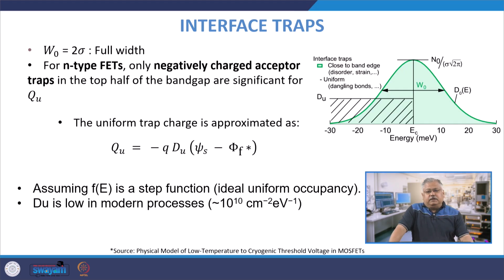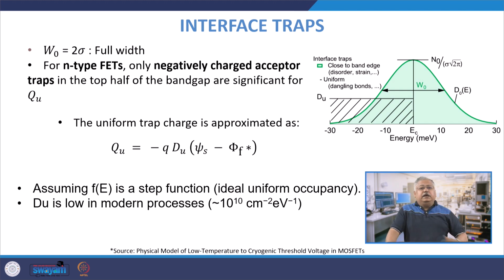The other is that if the oxidation is not proper in the silicon dioxide region, there are also interface trap charges. These are regions of low energy, and therefore any charged particle will get trapped and remain there for a substantially long amount of time, thereby changing the carrier concentration.